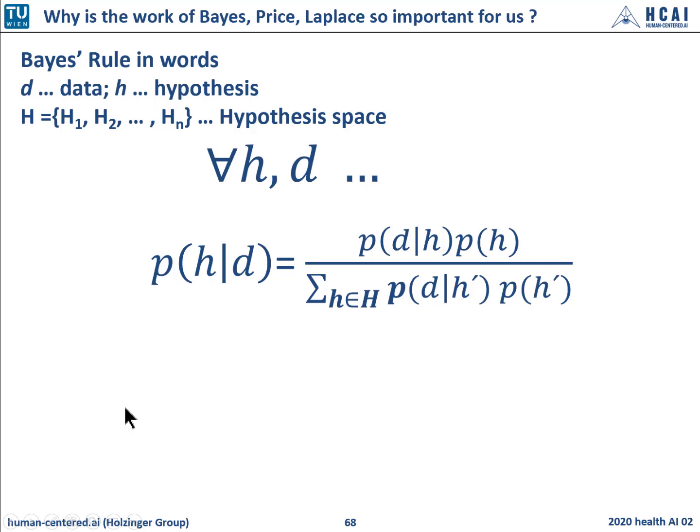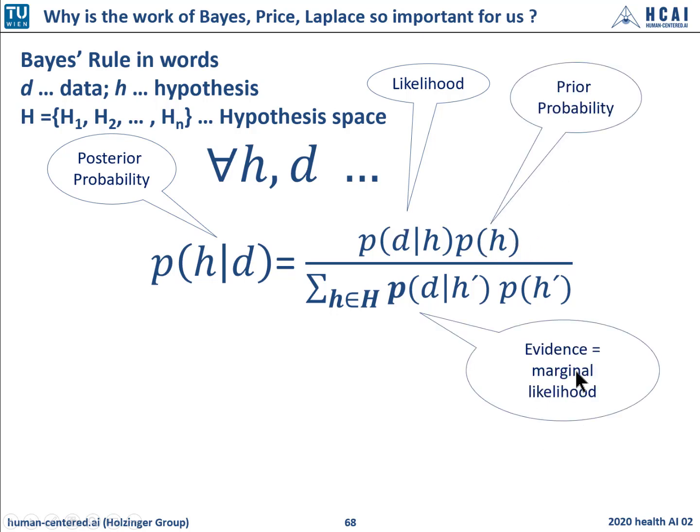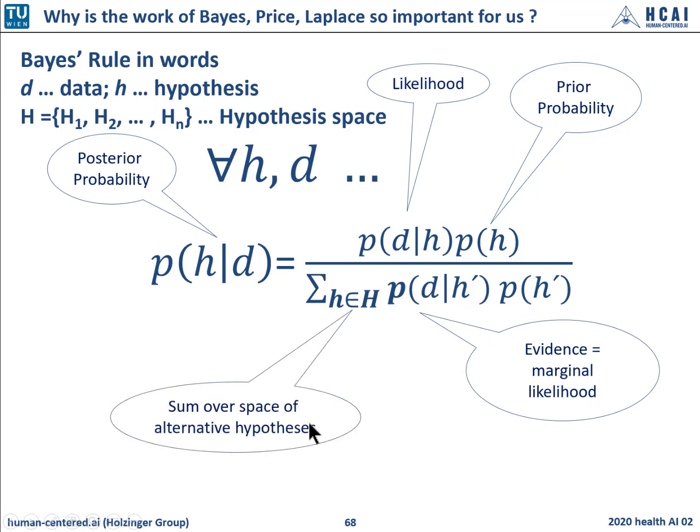So why is the work of Bayes, Price, Laplace so important for us? Remember Thomas Bayes, Price, his friend, and Pierre-Simon de Laplace, the grand mathematicians. Why is this so important for us? Because we have this posterior probability, we have this likelihood, and we have this prior probability, and we can then divide by the evidence, the marginal likelihood.